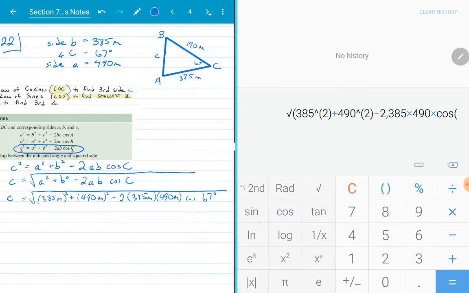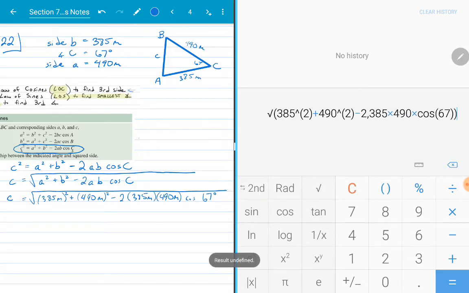I can tell because my toggle button shows radians, and if I change that, the default on my calculator is degrees. So cosine of 67 degrees, close that, and close it again until all of that goes under the square root sign.